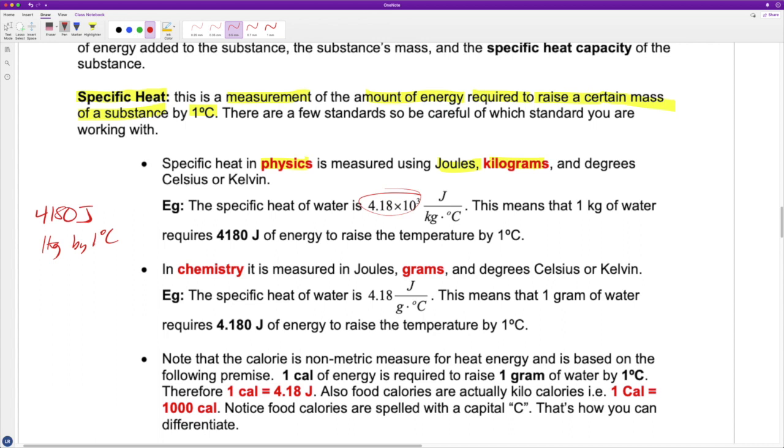So if we want to raise it by 2 degrees, we have to double that amount. If we want to raise it by 3 degrees, we have to triple that amount. Or if we double the mass, double that amount. If we triple the mass, triple that. So this is the amount required for just 1 single kilogram to change by 1 degree Celsius.